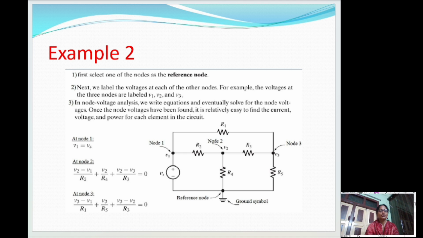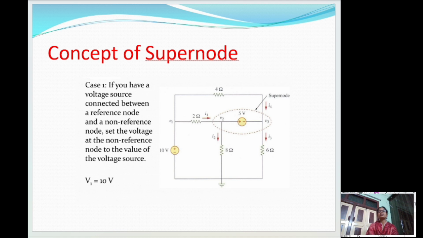Now discuss what is supernode, concept of supernode. There are two cases. First case, if you have a voltage source connected between a reference node and a non-reference node, set the voltage at the non-reference node to the value of the voltage source.